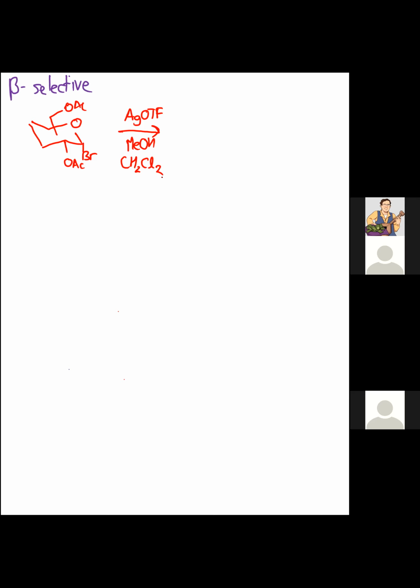And so if we have this, again, we're going to have the same thing that happened up there. We're going to go to the oxocarbenium because the silver triflate and dichloromethane methanol thingy makes oxocarbeniums. But this time, we've got the anchimeric assistance. I know we've only seen this once, so I want to do it again just so everyone follows.